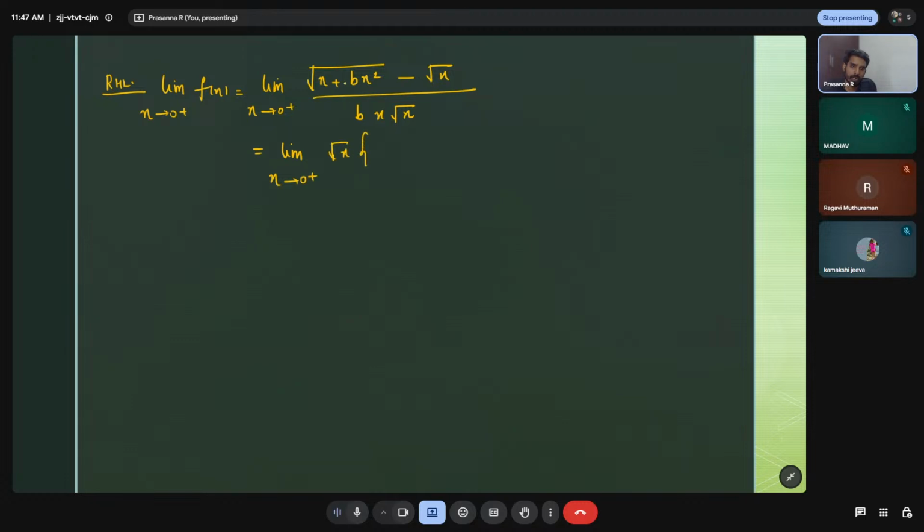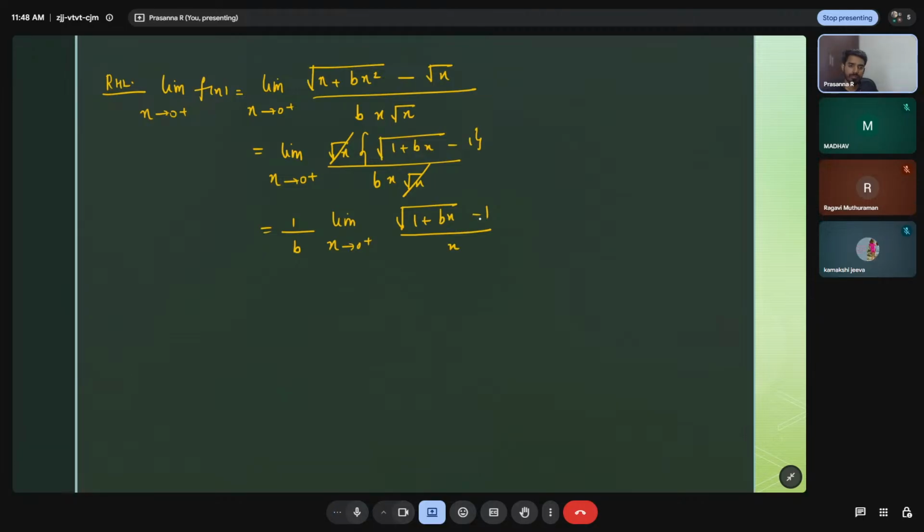You take x common inside and then take x outside the root. It will be (√(1+bx) − 1) divided by bx√x. So you take this 1 by b outside, and it will be the limit as x tends to 0 from the right of (√(1+bx) − 1) by x.